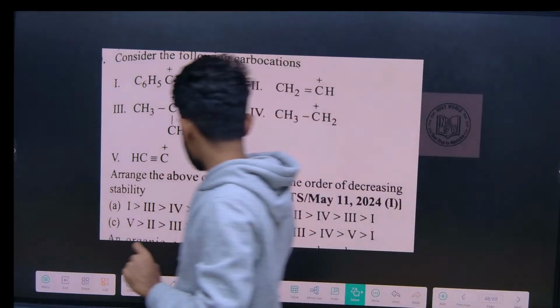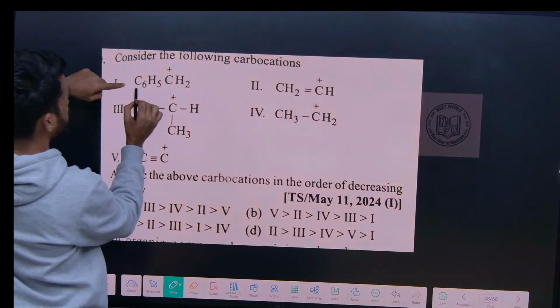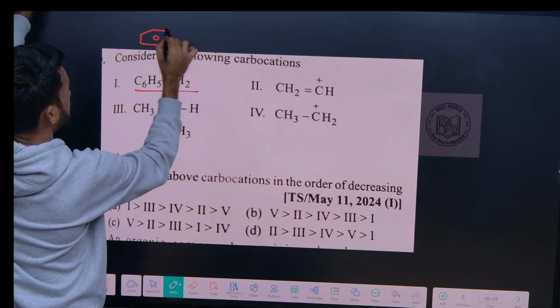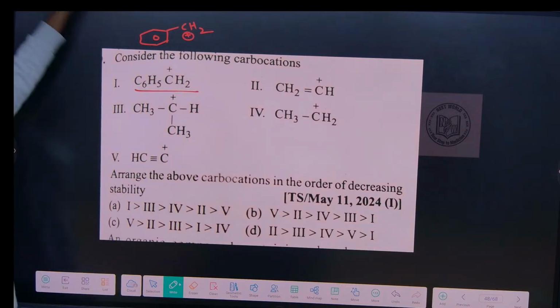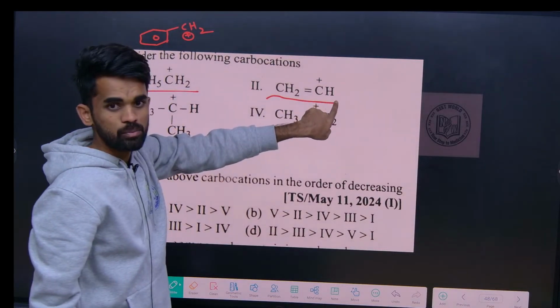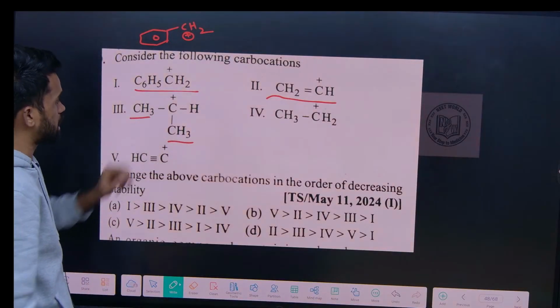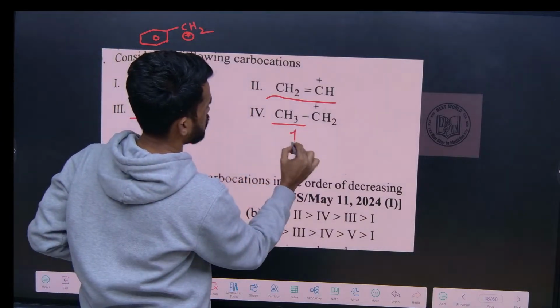How can you answer this? Tell me. Write their structures first. C6H5 means it is a phenyl ring attached to CH. This is benzyl carbocation. Second option it is vinyl carbocation. And third option, 2 methyl groups are there, secondary carbocation. Right? This is secondary. And this one is primary carbocation.